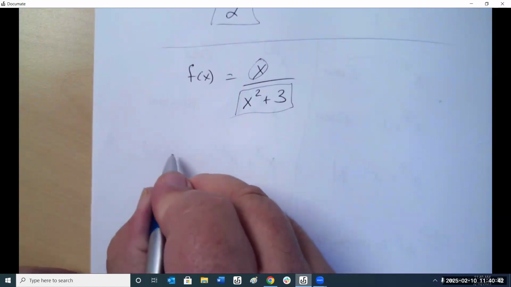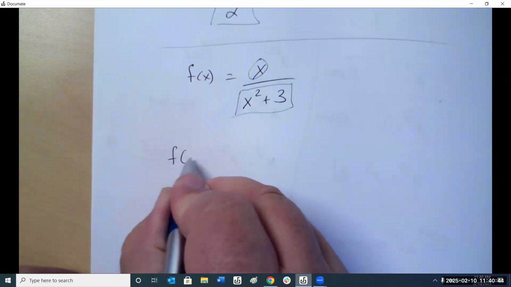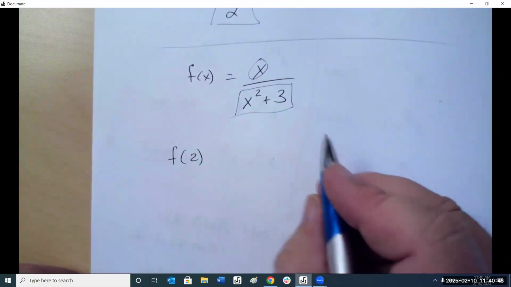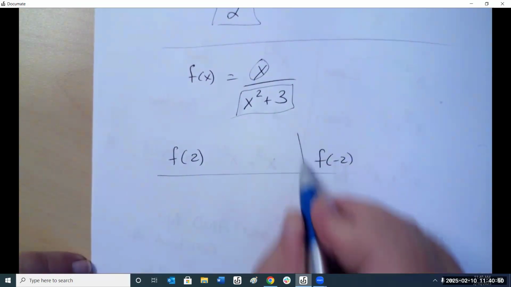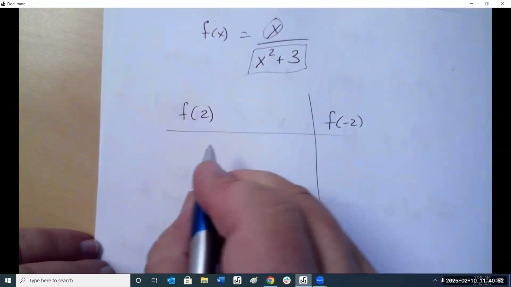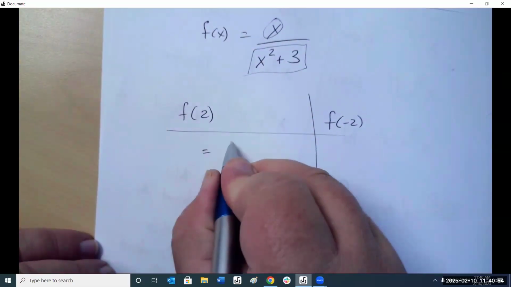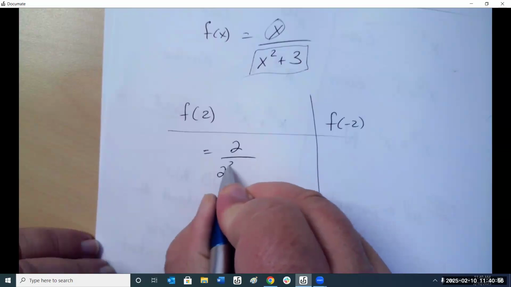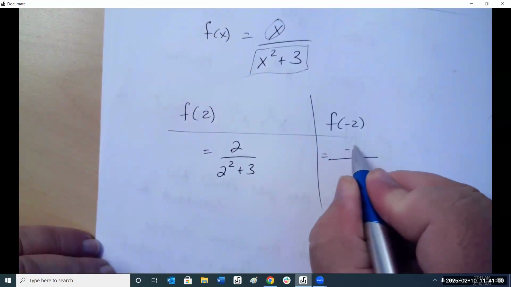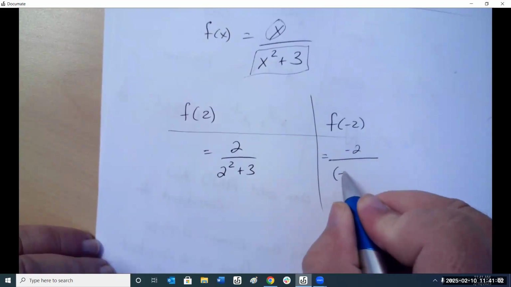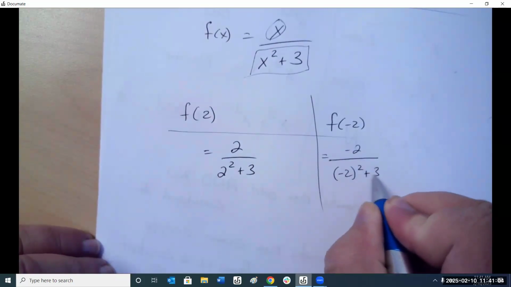Well, let's see. Let's plug in 2 and -2 and see what happens. So here we have 2 squared plus 3, -2 squared plus 3.